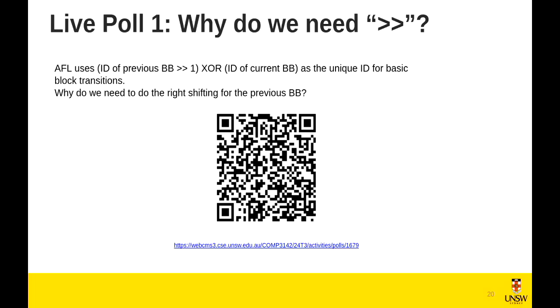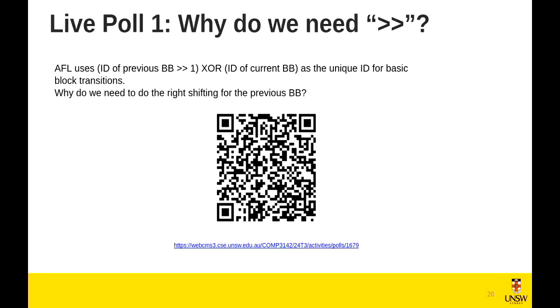If a value is XORed with itself, what do we get? Let's say 1 XOR 1, 0 XOR 0, what do we get? A value XOR itself. 0, yes. We always get 0.